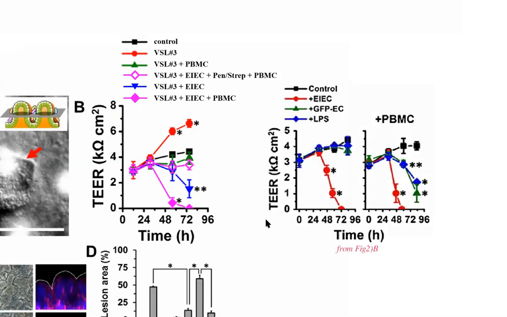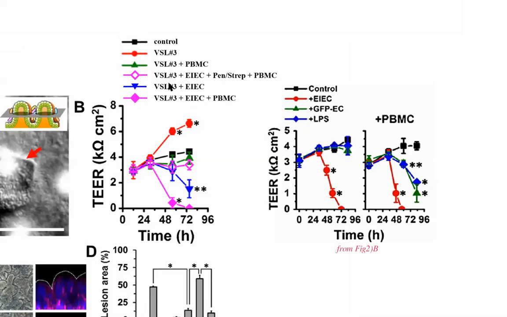Compared to the previous figure, we can see that this red one, EIEC alone, shows the good bacteria actually reduced the devastating injury caused by the EIEC.